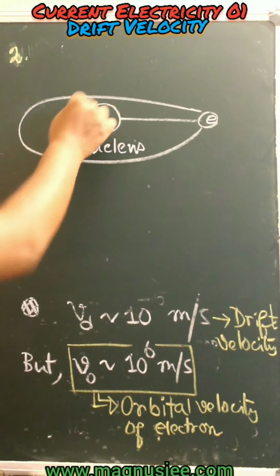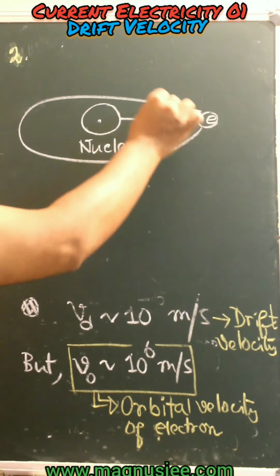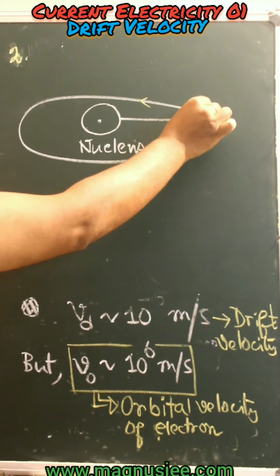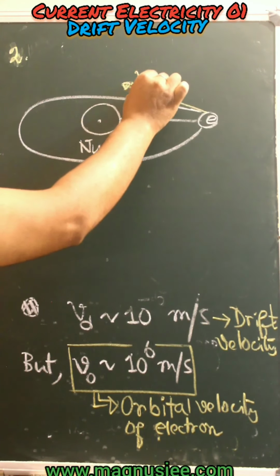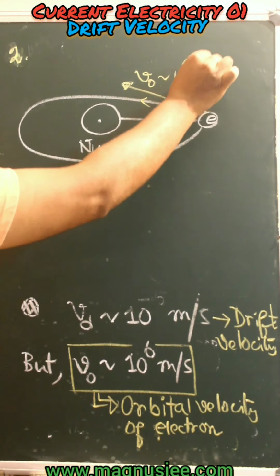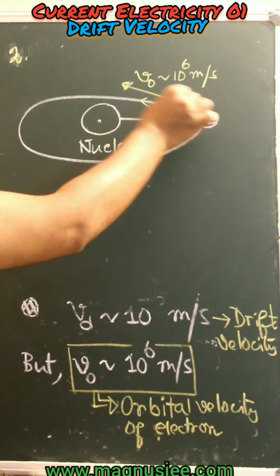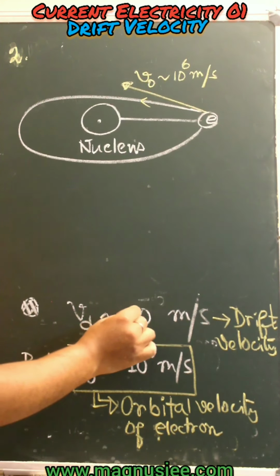And if we consider a diagram, a nucleus around which an electron is revolving with the orbital velocity V0, orbital velocity V0 acts along the tangent, and V0 is of the order of 10 to the power 6 meter per second. This electron revolves around the nucleus.